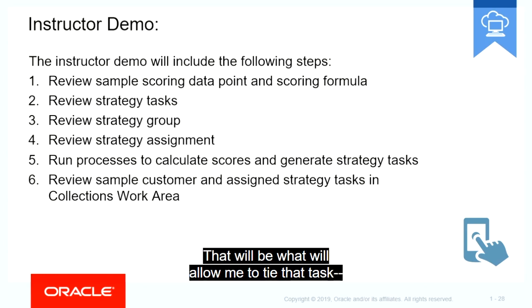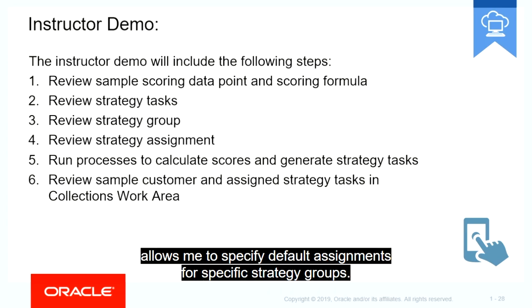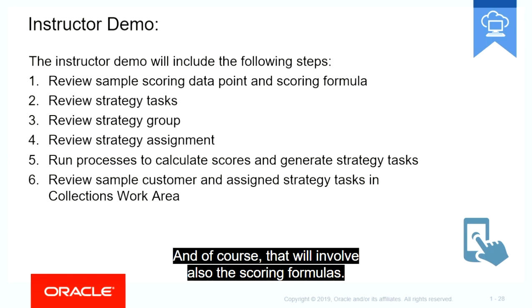That will allow me to tie that task, that thing that needs to be done, to a score. Then I'm going to go to a configuration that allows me to specify default assignments for specific strategy groups. And of course, that will involve also the scoring formulas.